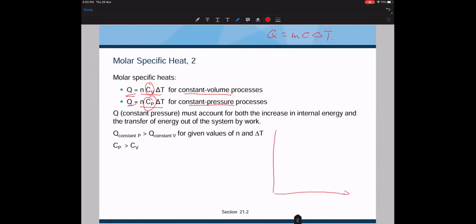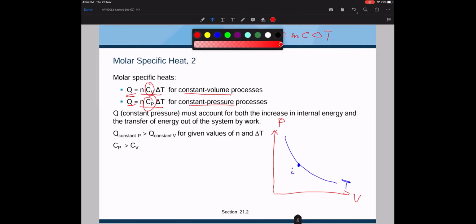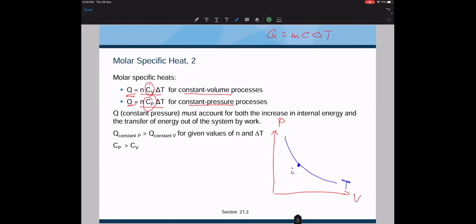In the PV diagram, P versus V, when you are talking about change of temperature, you have this isotherm corresponding to T, and you might have some initial state I, and another isotherm corresponding to T plus delta T. So a change of temperature. And there are two possibilities.